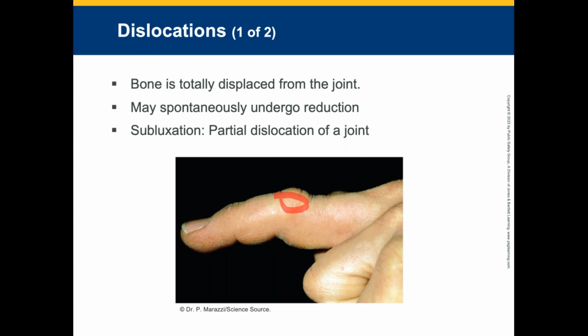So this may spontaneously undergo reduction as well. This occurs when body parts move beyond their normal range of motion. Partial dislocation of a joint is known as a subluxation as well.